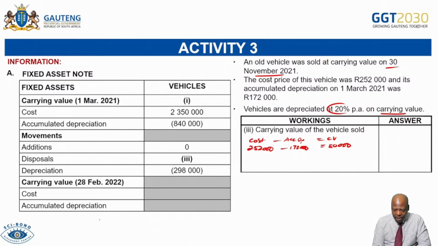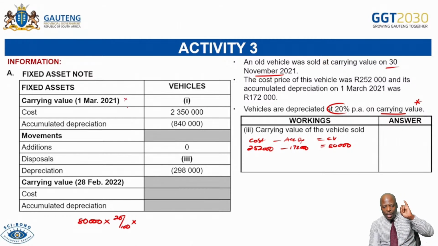Now, to calculate depreciation, I'm going to say it's calculated on carrying value also. So I'm going to say my 80,000, which is my carrying value, I multiply that by my 20%. So 80,000 multiplied by 20 over 100, multiplied by how many months? We're going to count from the beginning of the year, which is March. So it's going to be March, April, May, June, July, August, September, October, November, which is 9 over 12.